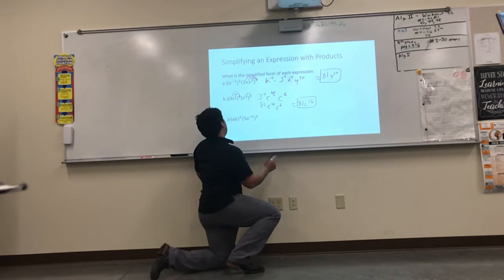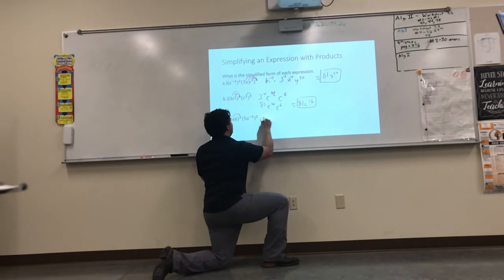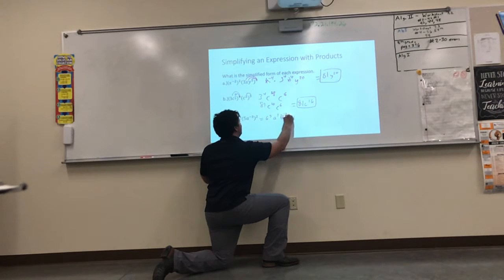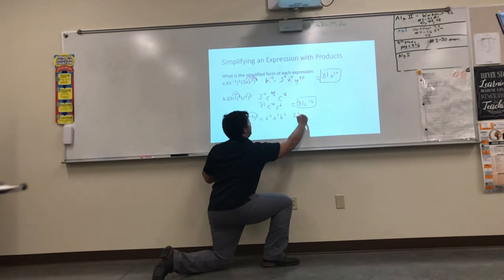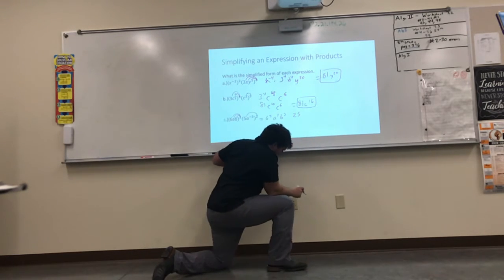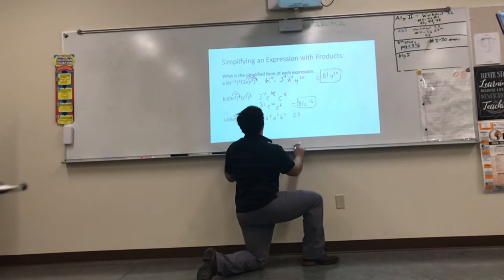Now, we have to distribute this out. We get 6 to the 3rd. We have that to the a, so a to the 3rd. That to the b, so it's going to be b to the 3rd. Distribute this, we're going to get 25.